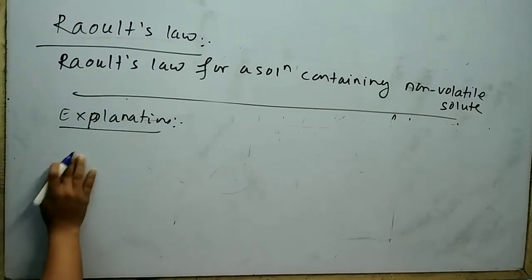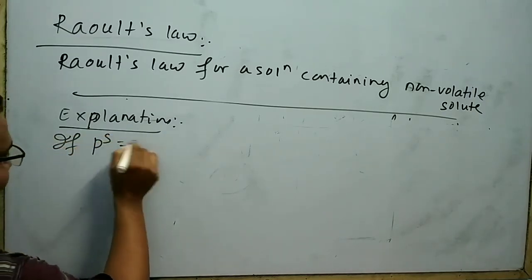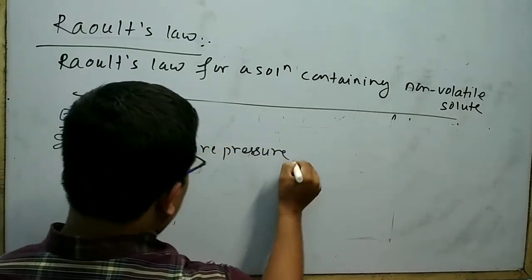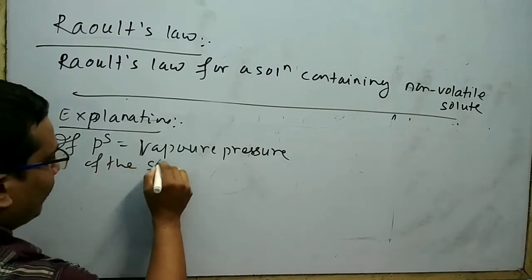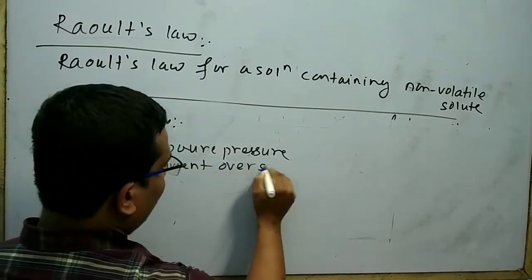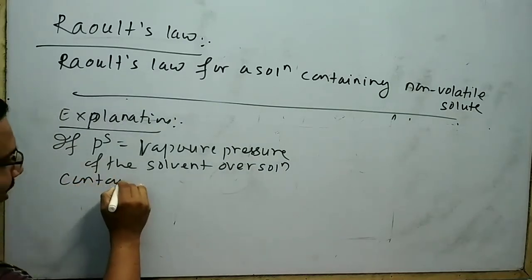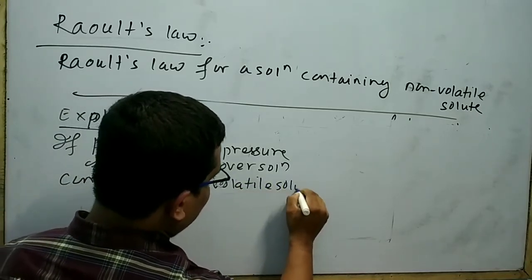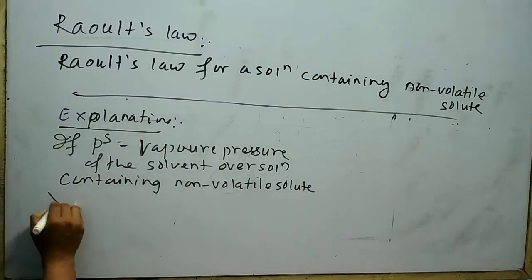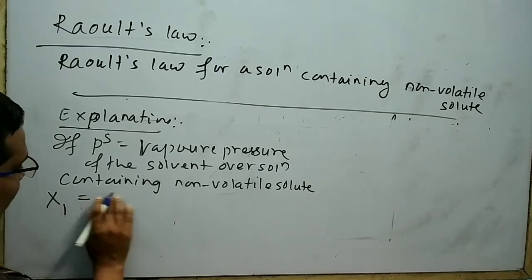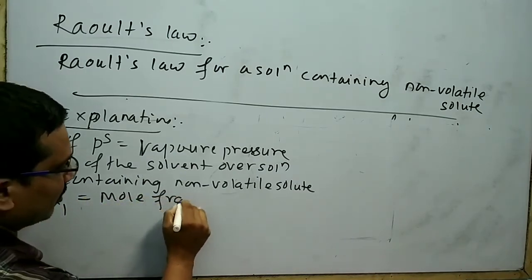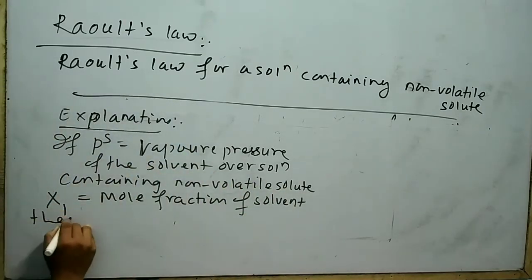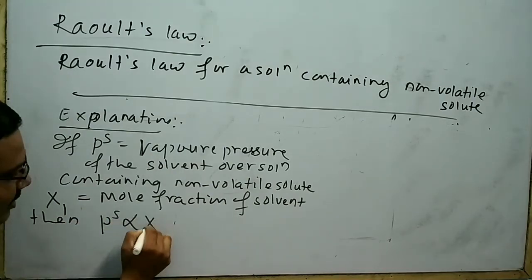According to this law, if Ps equals the vapor pressure of the solvent over a solution containing non-volatile solute, and x1 equals the mole fraction of solvent, then Ps is proportional to x1.